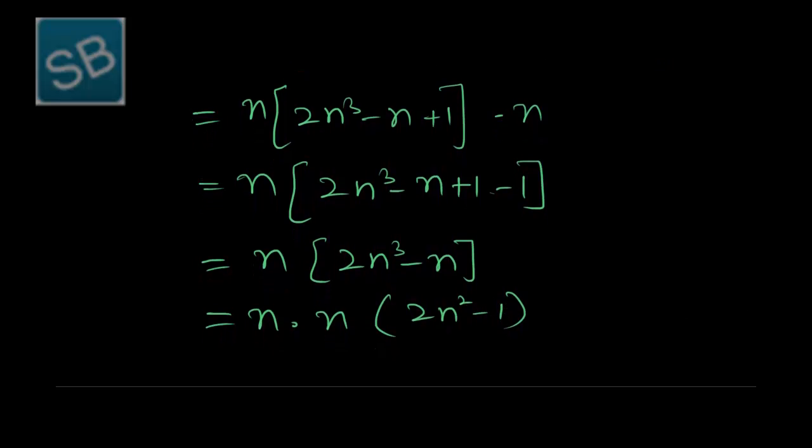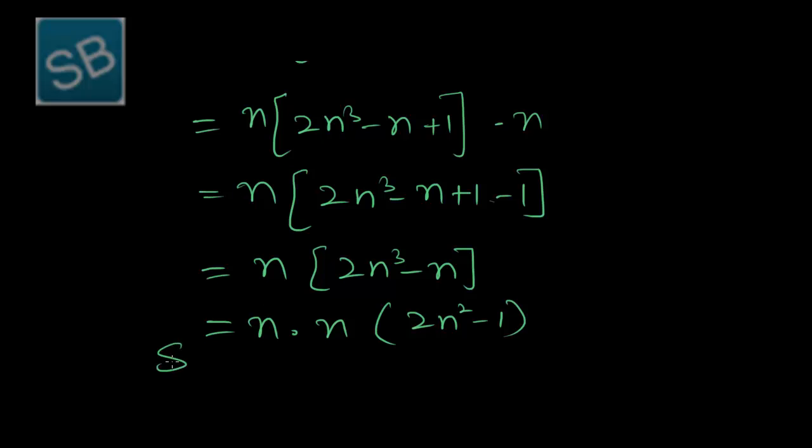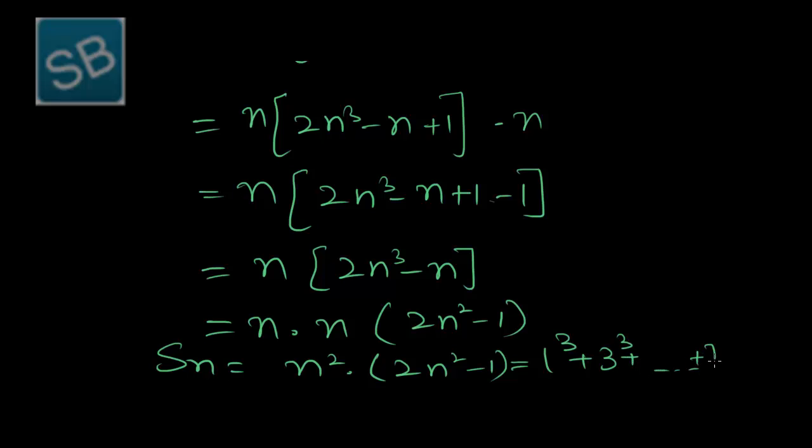So Sn is equal to n square into 2n square minus 1, which is the sum of 1 cube plus 3 cube up to n cube, the sum of cube of odd numbers up to n terms.